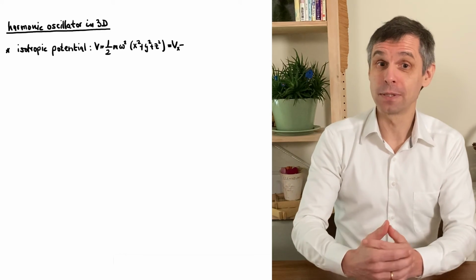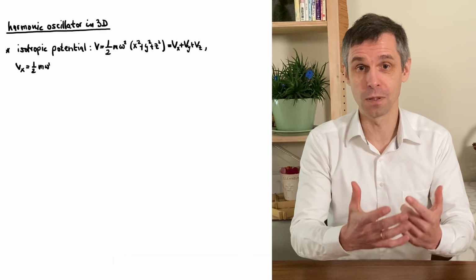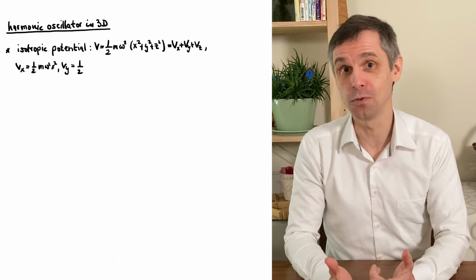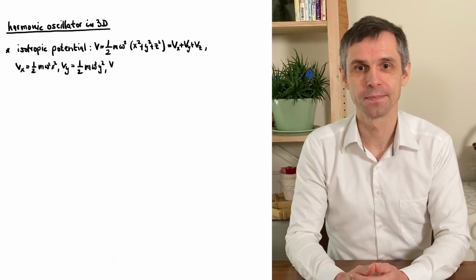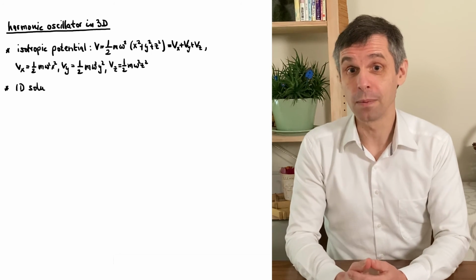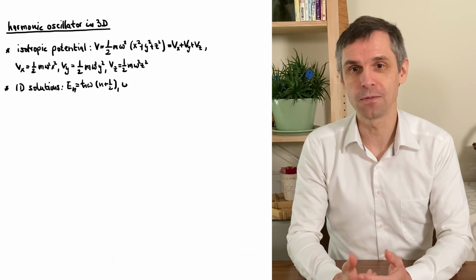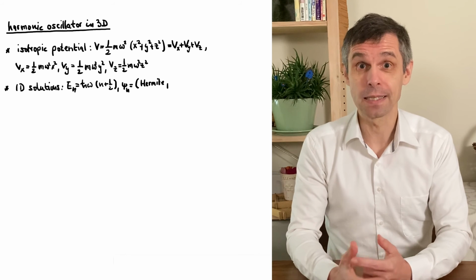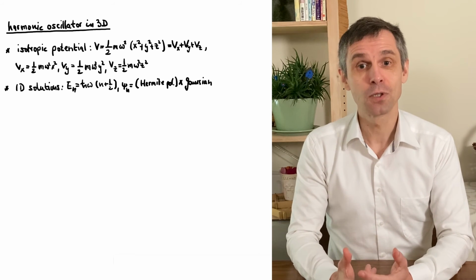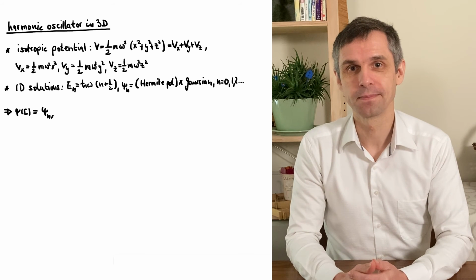So we can split the potential into 3 parts, as shown, giving us 3 copies of the 1-dimensional oscillator that we solved before. We then take these known one-dimensional solutions with equally spaced energy levels and corresponding wave functions and combine them as before. I want to focus here on the energies, so only write these out explicitly.